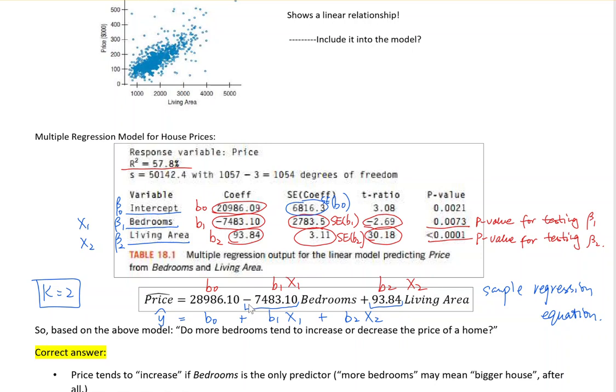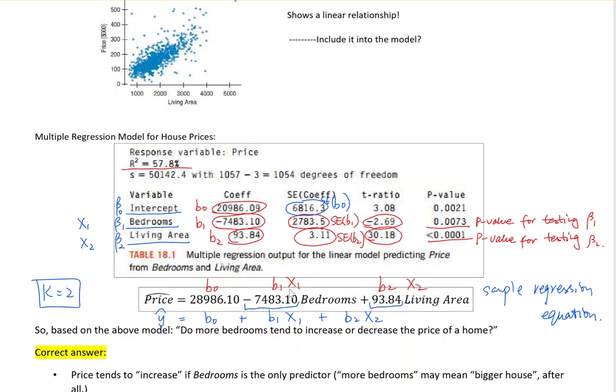Because when you interpret this coefficient, it means you need to fix the living area first. That means when you fix the living area, if you have more bedrooms, the price will decrease.